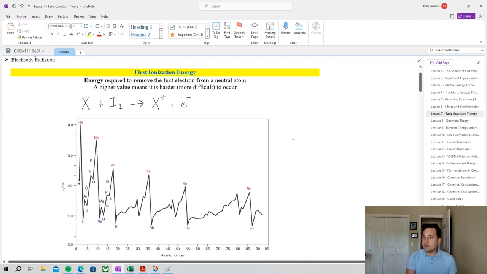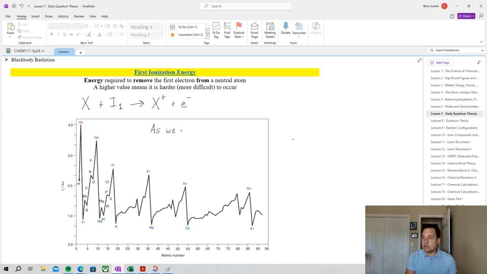And then the trend that we see is, as we go right on the periodic table, we increase the energy required to remove an electron. And as we go down on the periodic table, we lower the ionization energy that's required.